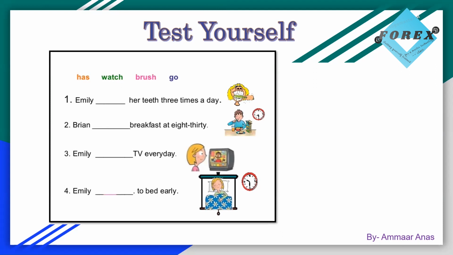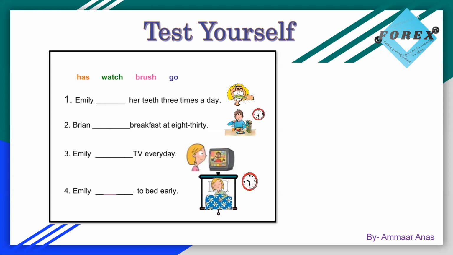This is very simple. We can do it. But the main thing here is everything is in third person singular. Before you write a verb, check in which form it is, singular or plural, and then check which person it is, first person, second person, or third person. Here everything is singular and in the third person, because Emily belongs to she and Brian belongs to he.